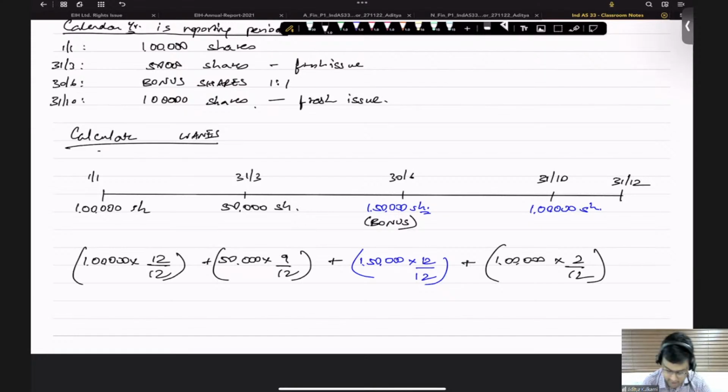Okay. So now if you calculate this, how does it look? 1,50,000 into 9 by 12, 37,500. 1 lakh into 2 by 12, 16,667. Plus 1 lakh plus 37,500 plus 1,50,000, 304,167.